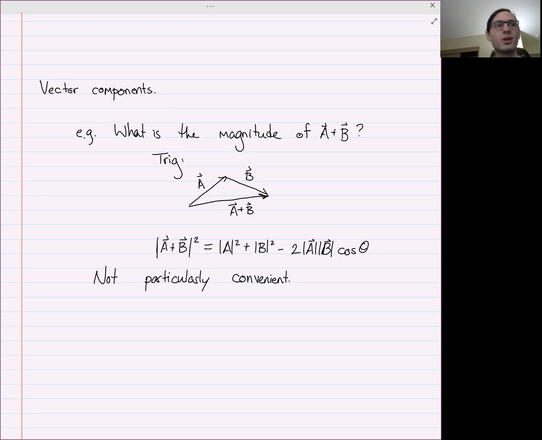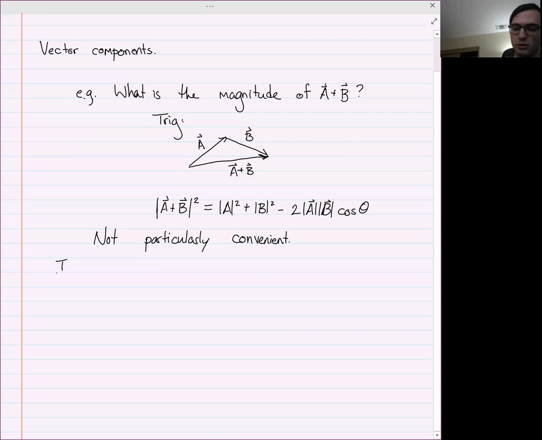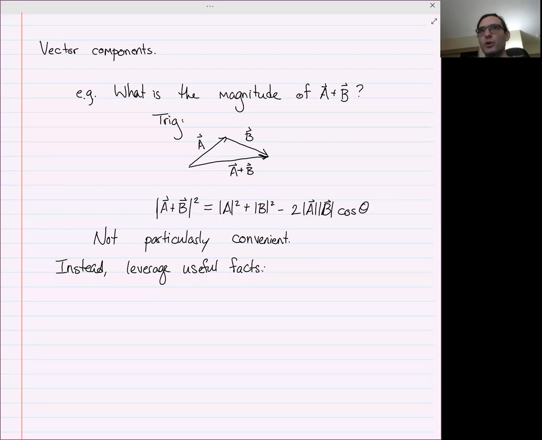Instead, we're going to leverage some of the useful facts about vectors, so that we can, quote unquote, distance, pun intended, ourselves from geometry.